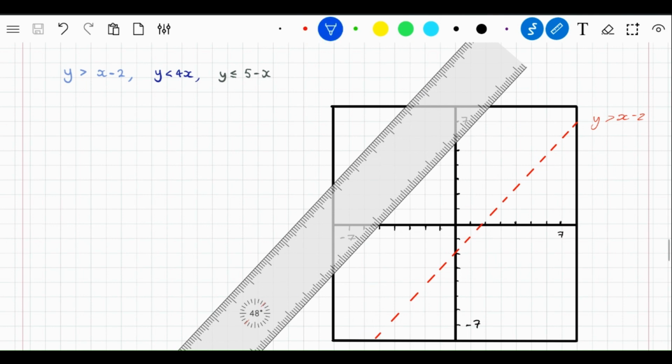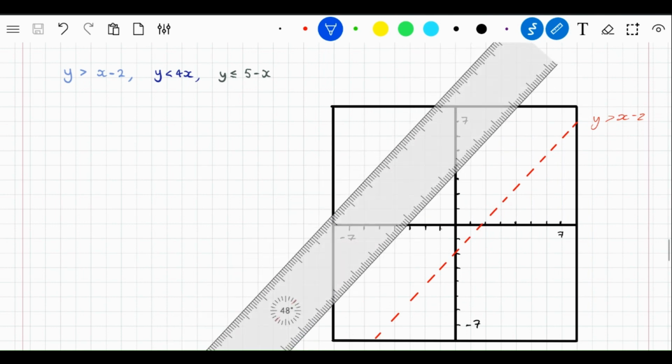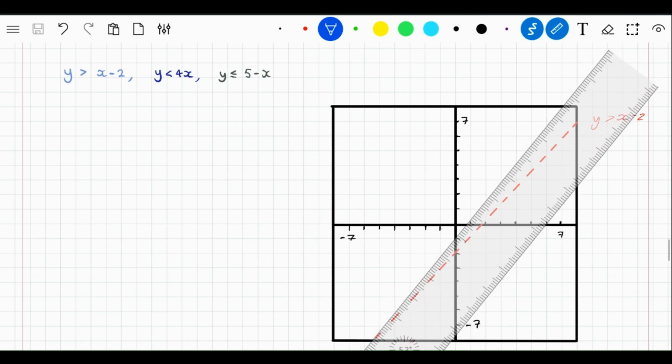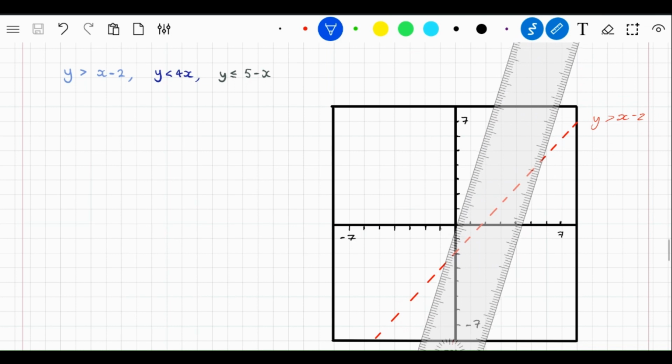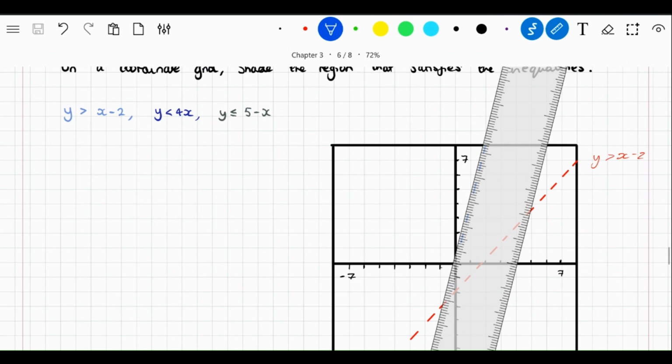Now if we look at this next one, which is y is less than 4x, the y-intercept is at the origin, as there's no number on the end there, and it's going to have a gradient of 4, which means that as it goes across by 1, it's going to go up by 4. So it's going to look something like this.